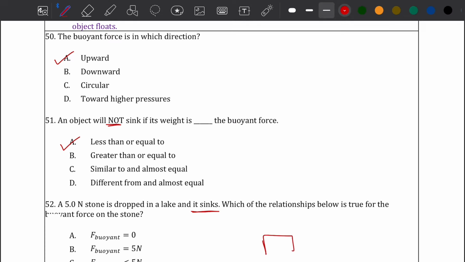So you have got an object whose weight is 5 Newton and they say that it is sinking. We know that there will be FB, buoyant force, acting. So if it is sinking, that means 5 Newton must be greater than FB, or I can say FB must be less than 5 Newton.